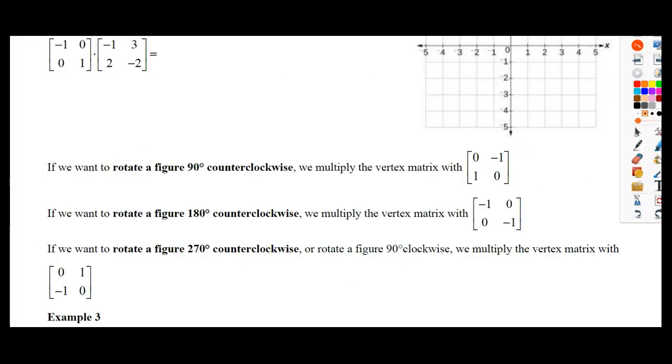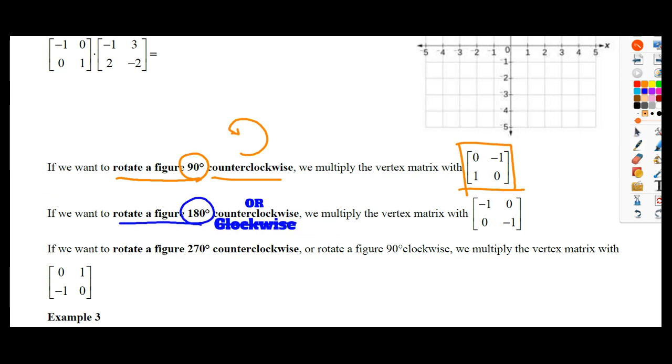Alright, so if we want a rotation of a figure 90 degrees counterclockwise, we will multiply the vertex matrix with this. If you want to rotate a figure 180 degrees, we multiply the vertex matrix with this.